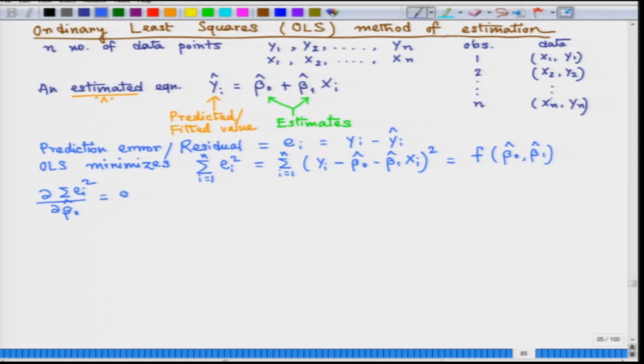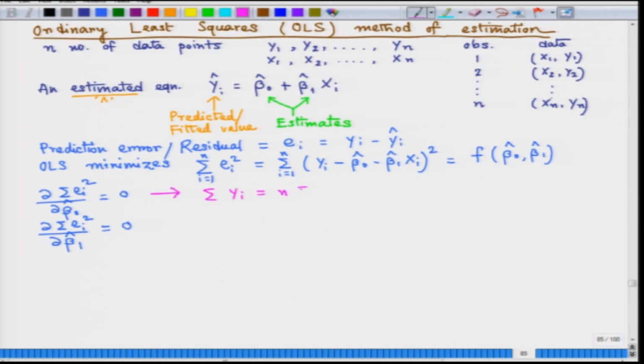So, we have to take partial derivatives and set them equal to 0. There will be two such derivatives. Note that this expression leads to an equation like this.